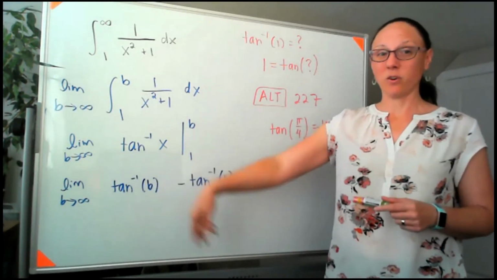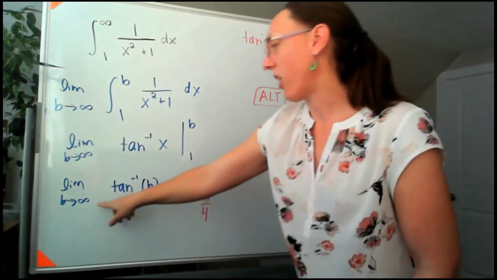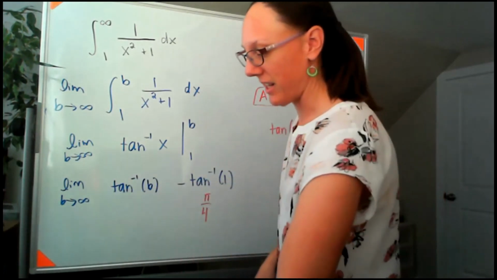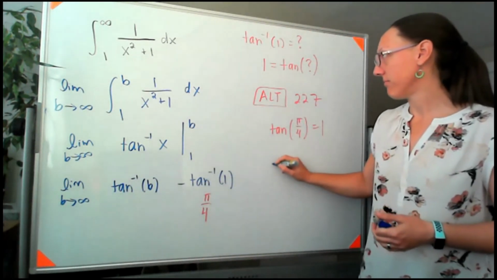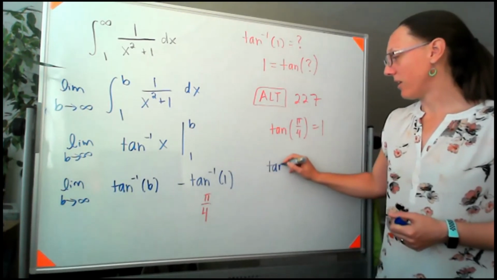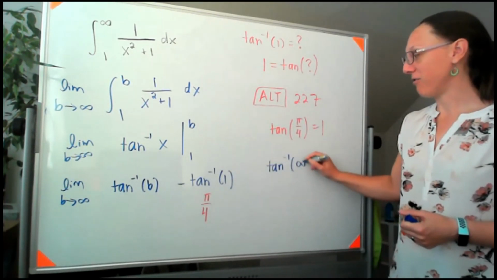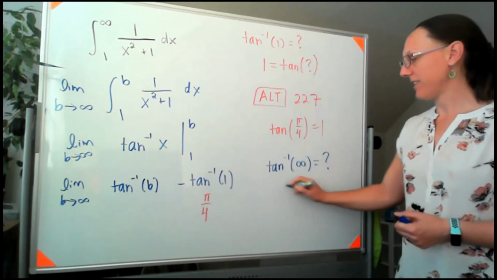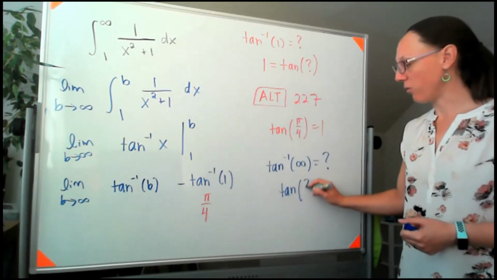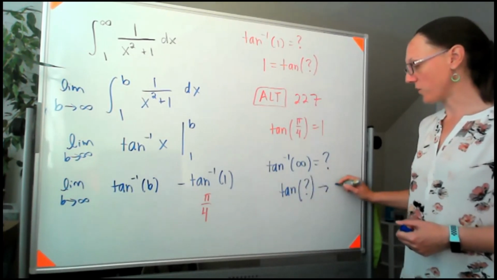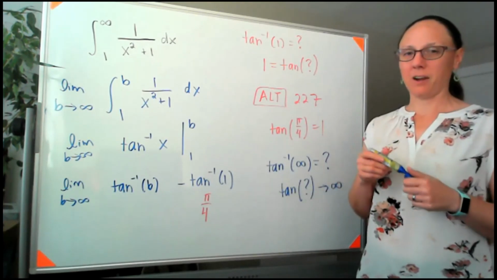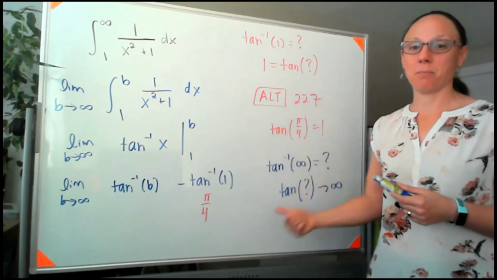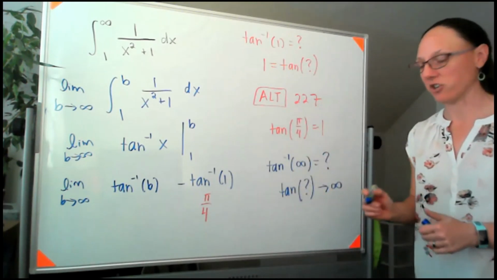Now this next one over here, finding arctan of infinity, remember that's asking us the question, if I really want to know arctan of infinity, that's saying tangent of what angle goes to infinity. And this one, I think is easiest by looking at a graph of tangent.